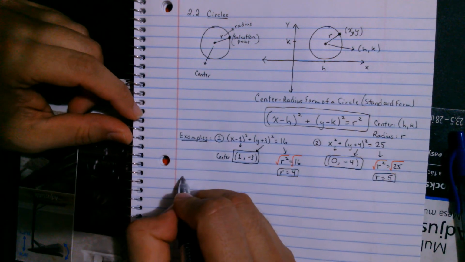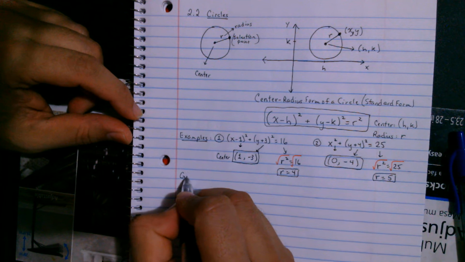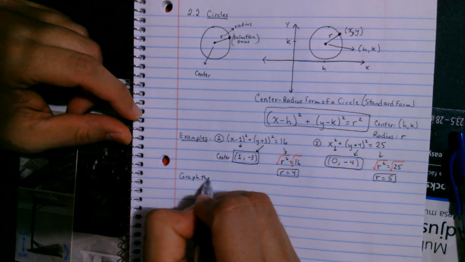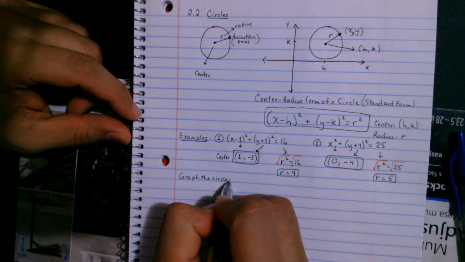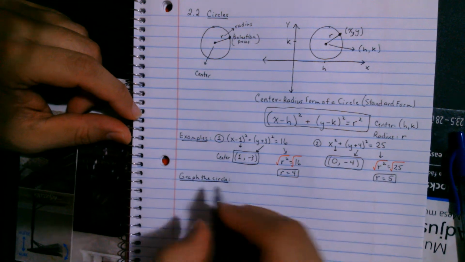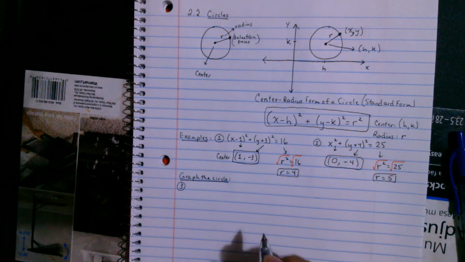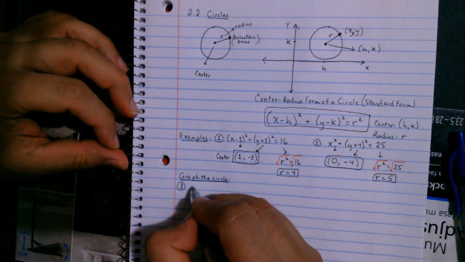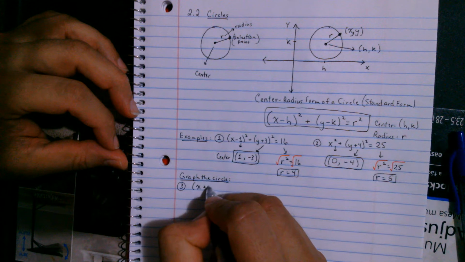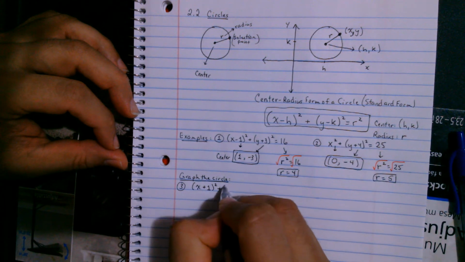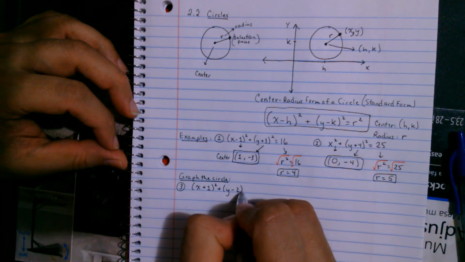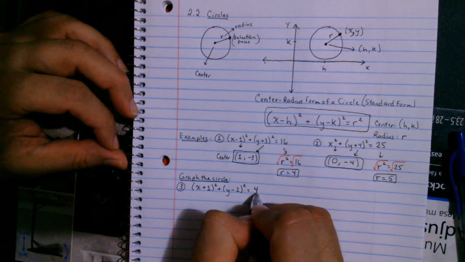Okay? Now, if you're asked to graph the circle, and I try to make these examples really easy for you on the MyMathLab homework and the quizzes, let's say (x plus 1) squared plus (y minus 2) squared equals 4.